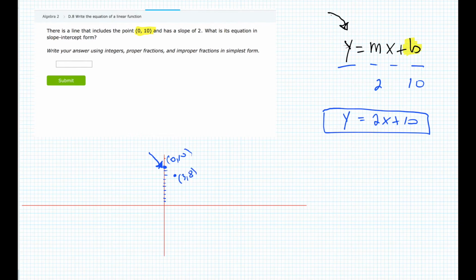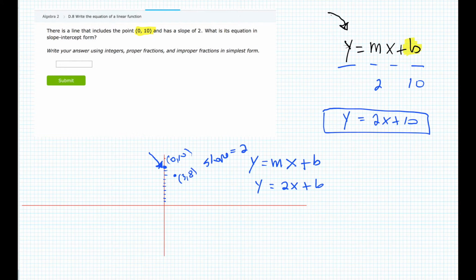Then there are two ways to do this. One way is y equals mx plus b, and we're still going to say the slope is equal to 2. So what can we plug in right now? y is equal to 2x plus b. But this time we don't know the b like we did last time.